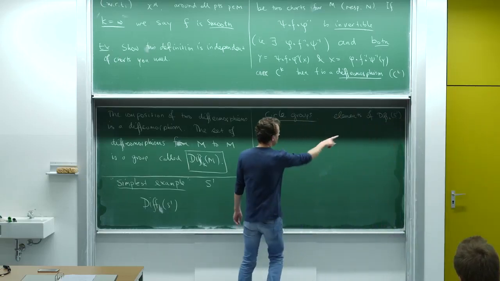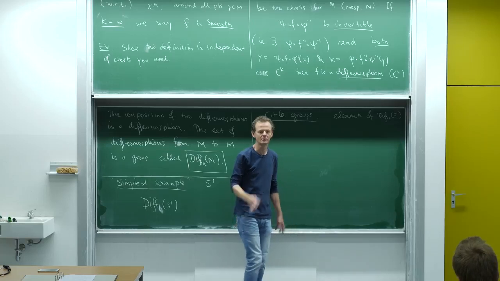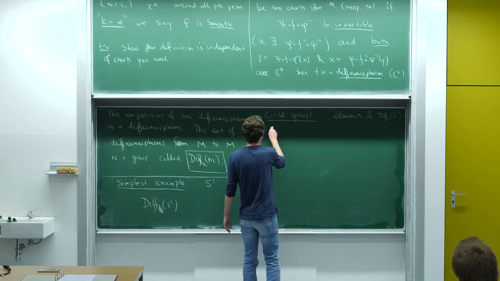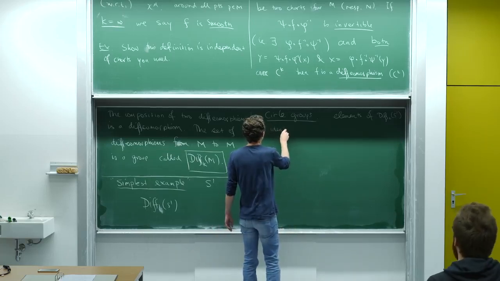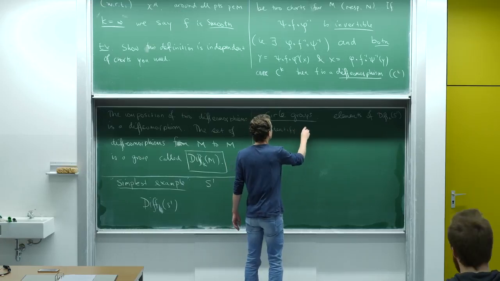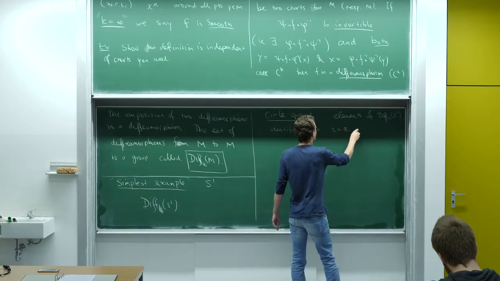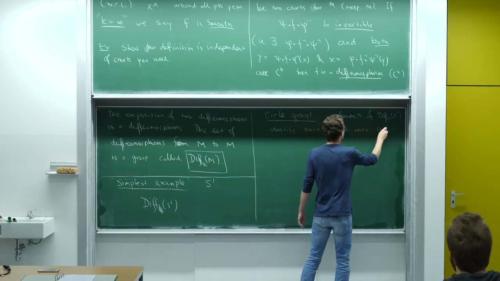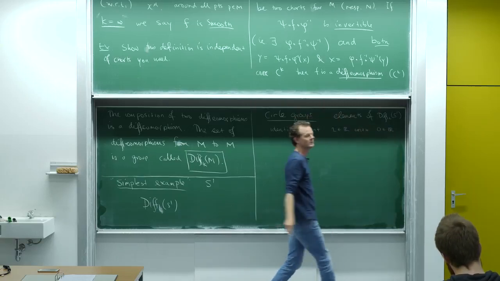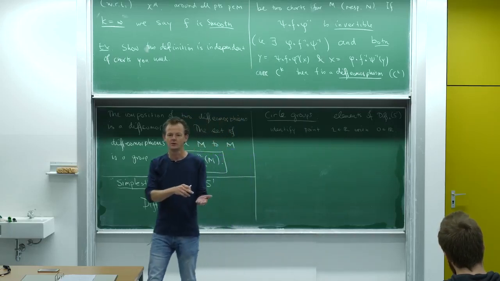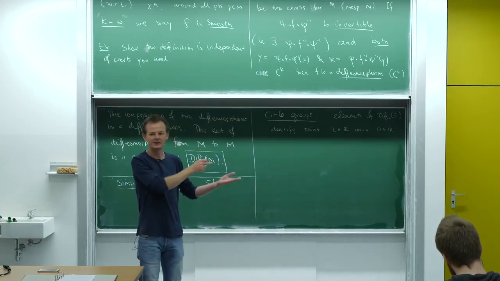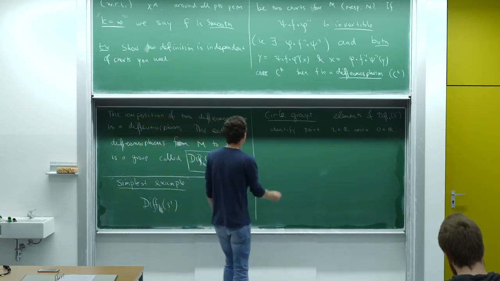So how do you draw a diffeomorphism from the circle to the circle? Well, here's how you do it. You identify the point 1 on the real line with 0 on the real line. So whenever you reach the point 1, then you sort of loop back to 0. And then you just draw functions.